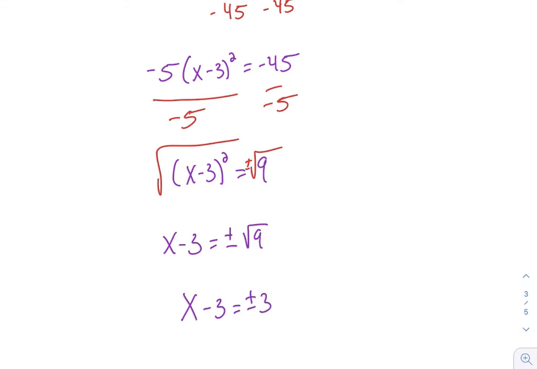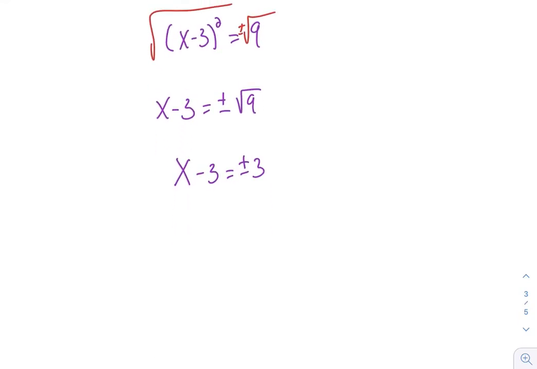All right, so this problem is a little different because of this. All right, so let's take a look. The next step is going to be the same thing. I'm still going to add 3 to both sides. And I'm going to get x equals 3 plus or minus 3. Now, it's different because since the radical simplified completely to an integer, I can keep going. I'm not going to stop here. Right?